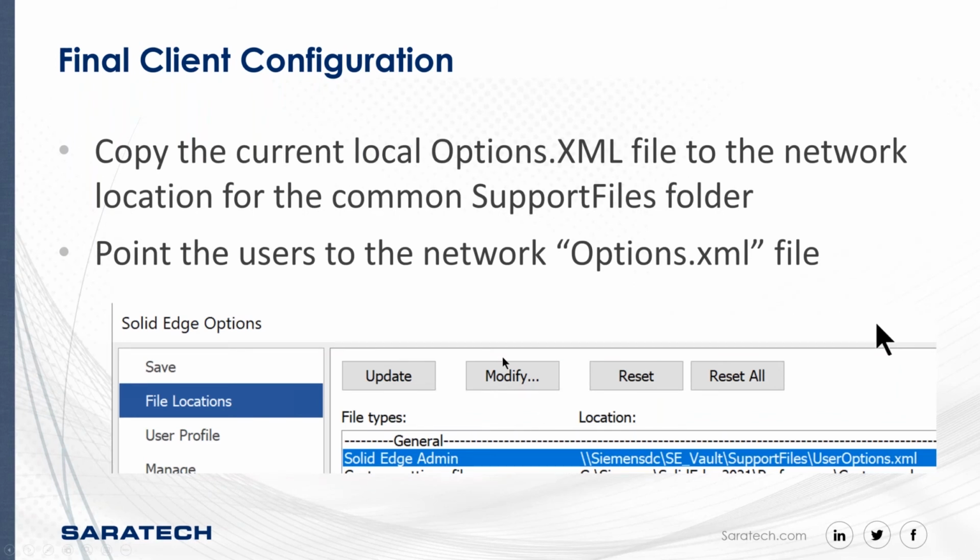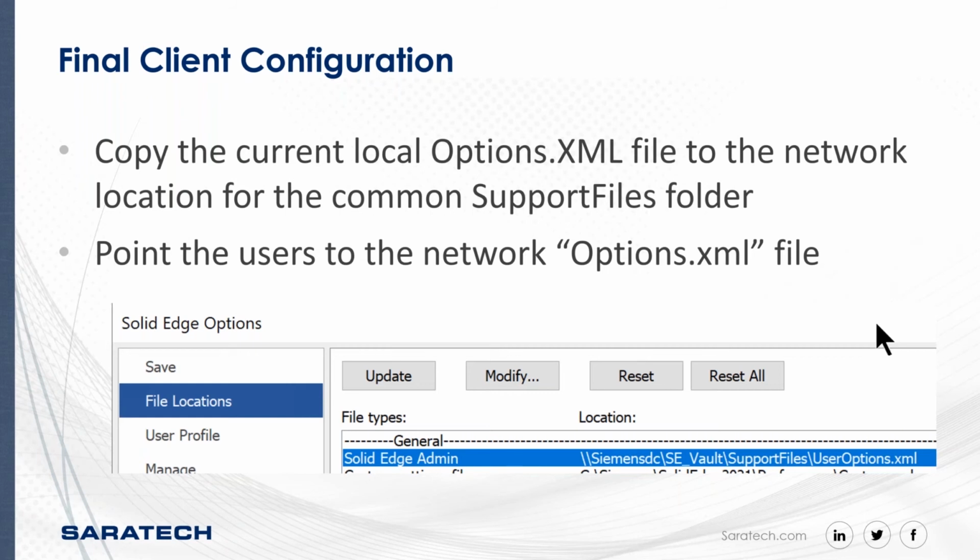When we use the admin utilities, we'll run that after we drop that into the folder on Solid Edge preferences. When we run that, the file location that it defaults to is going to be right here, and it's going to point to your Solid Edge options.xml. After we configure everything, we can take that options XML and copy it to the server.